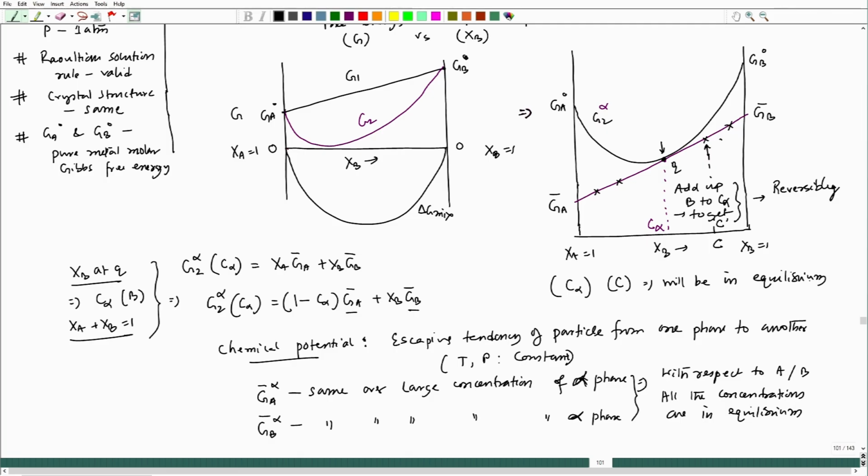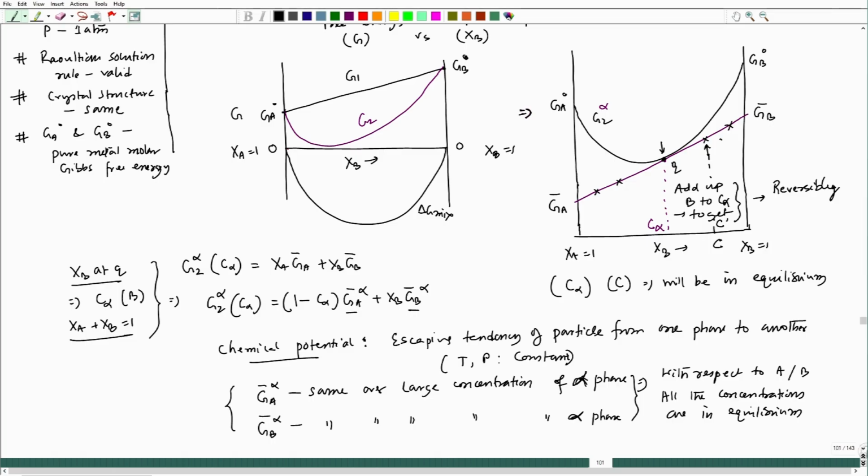Okay. So, now I can actually get the free energy values at C just by changing the concentration without changing the chemical potentials of A and B in the alpha phase. So, that is basically another alpha phase line. In order to reflect this particular thing, I can put it here as alpha alpha.